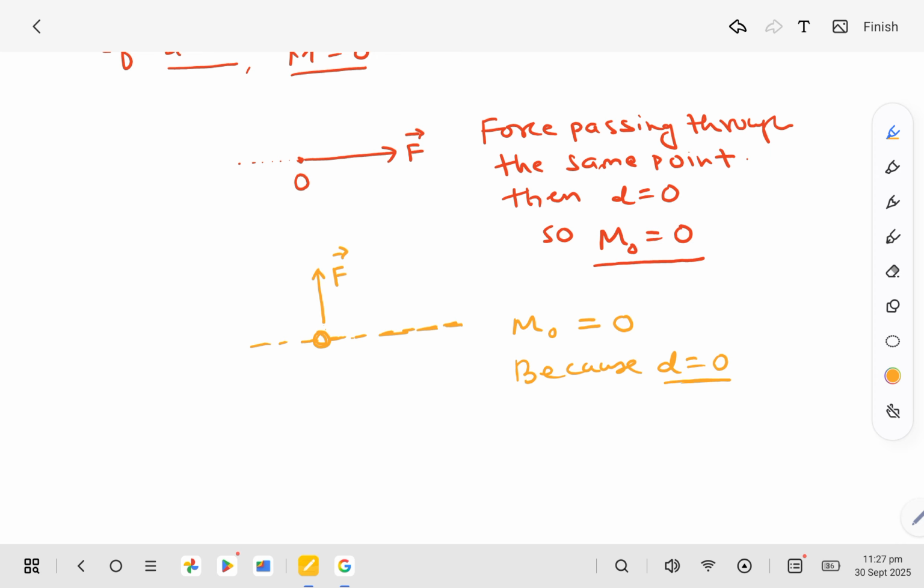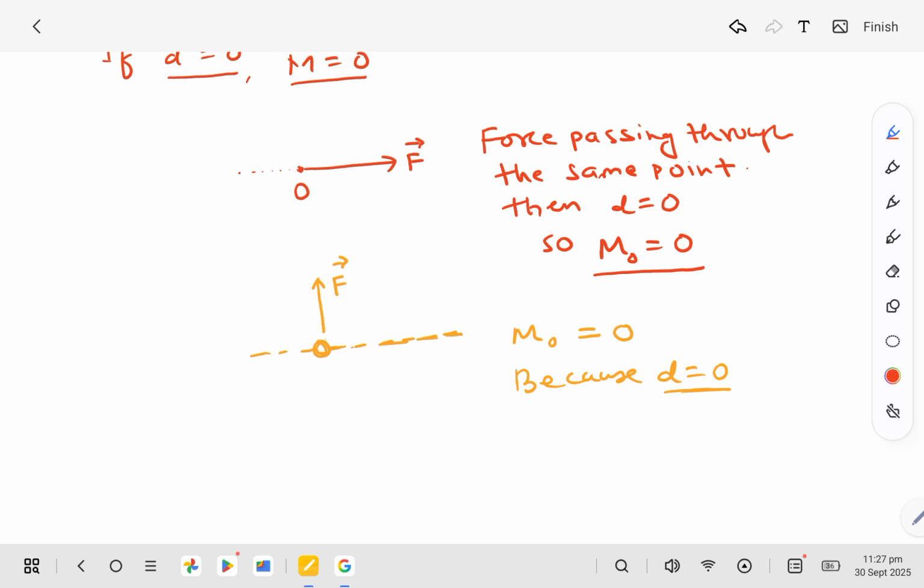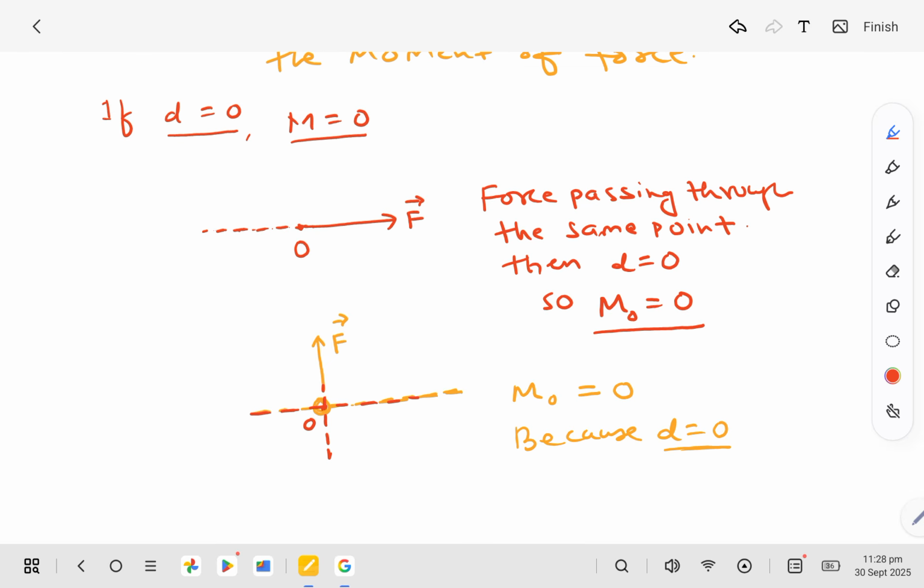Okay, so when the line of action of this force intersects the line passing through this point over here, in this case the line of action of the force and the axis passing through the point O both are on the same line. Okay, in both cases the moment of the force will be 0. It means this force will not produce any kind of torque or any kind of moment to rotate the object.